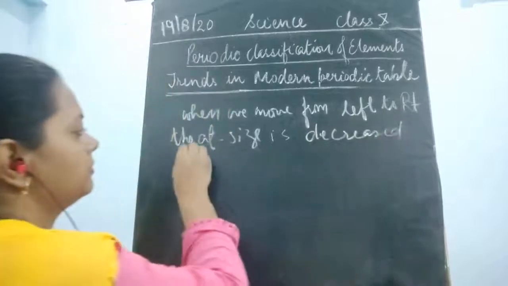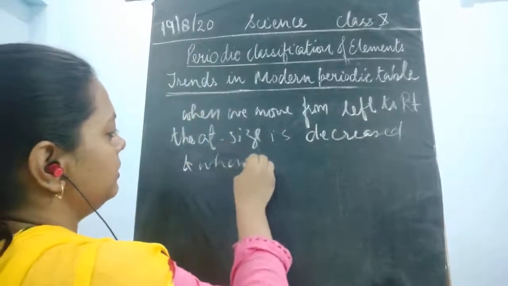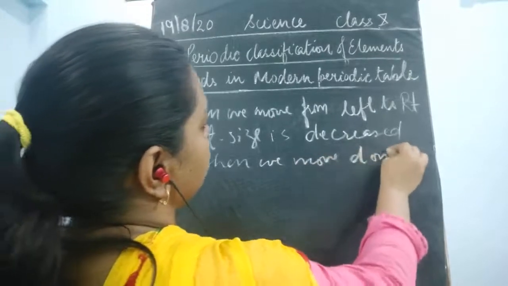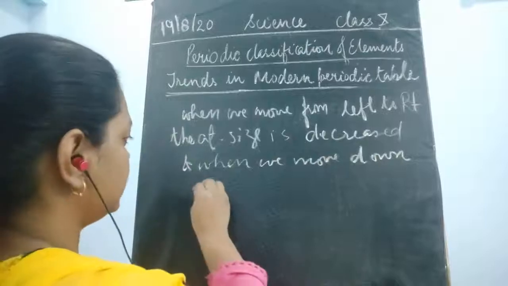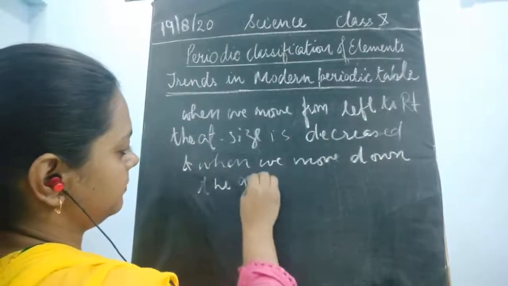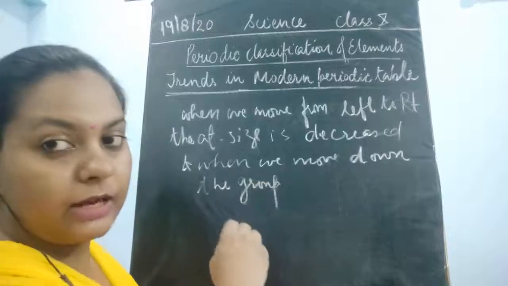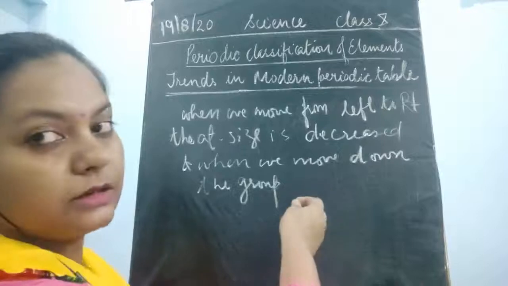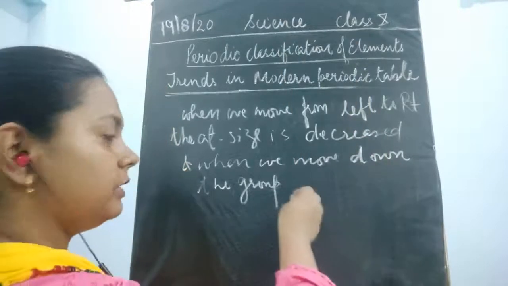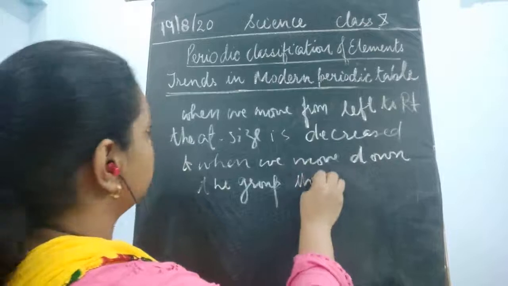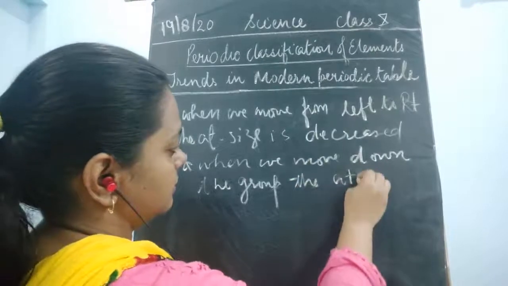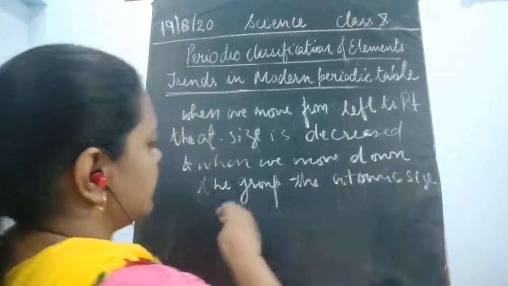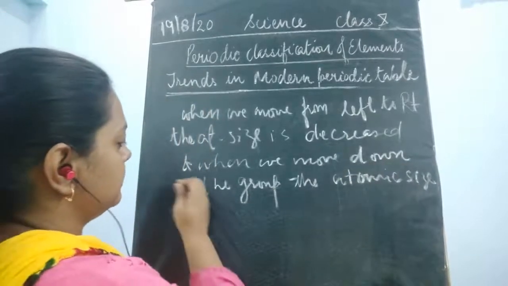And when we move down the group, okay, when we move down the group, what will happen in this case? When we are moving from above to below, the atomic size is going to increase. Sorry, this increases.